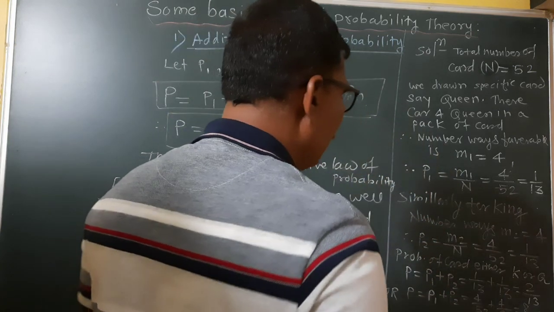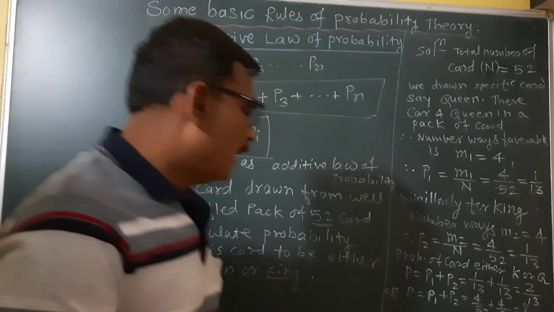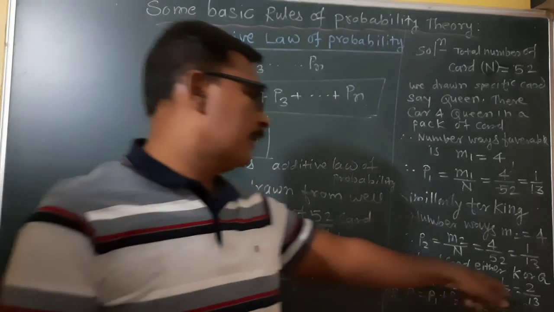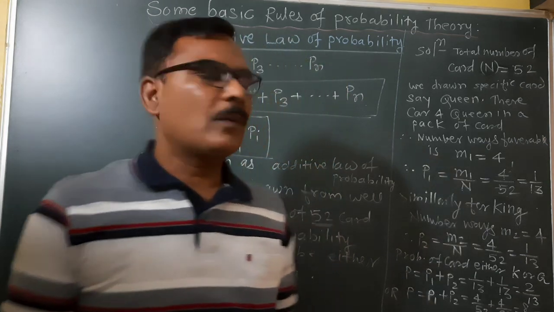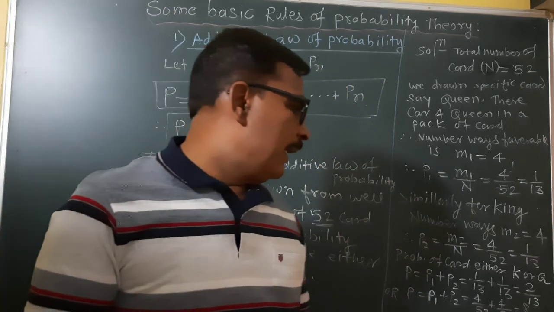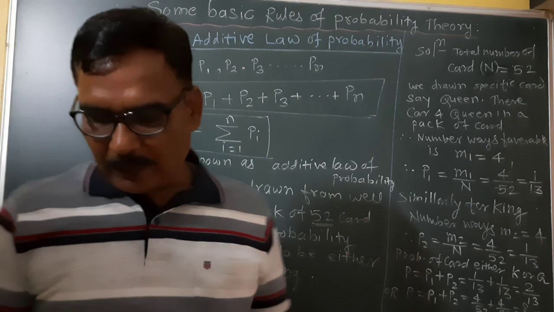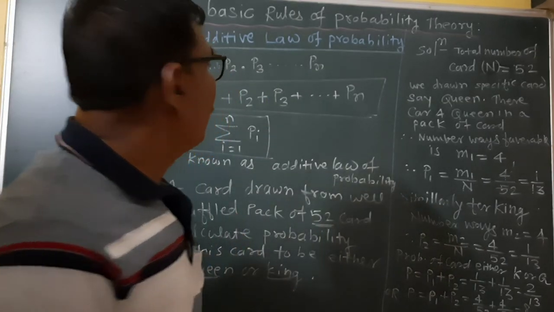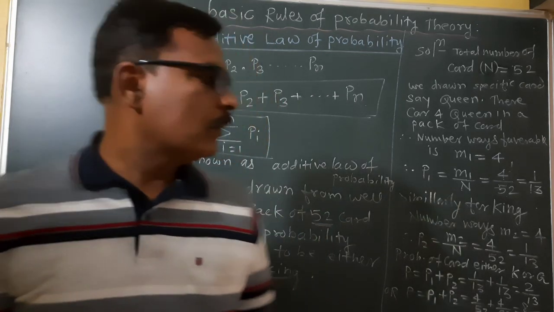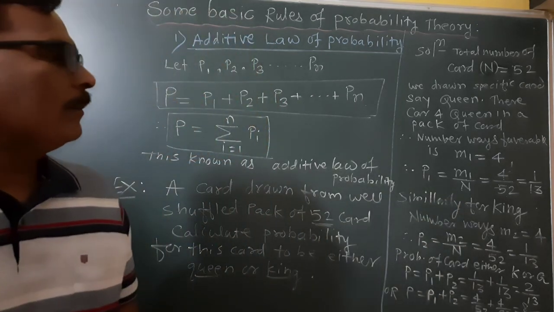This is the way we find the probability of either king or queen. It must be 2 by 13, or 8 by 52. This is the probability we consider for the additive law of probability. Write down this very important problem.